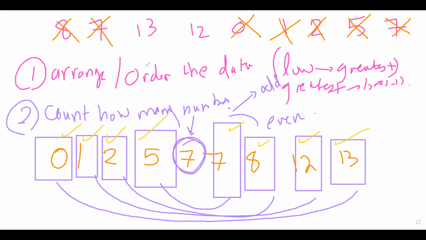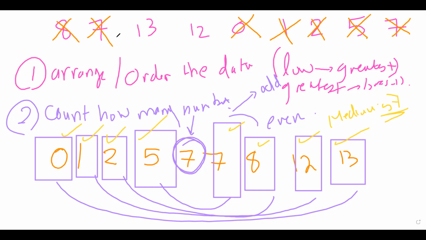So the median is a number that comes in the middle and cuts the data into 2 equal halves. 4 of the numbers before and 4 of the numbers after. So if it is odd, it's very easy. I just see where's the number in the middle, and I will tell you, teacher, the median is 7. This is if they are odd.